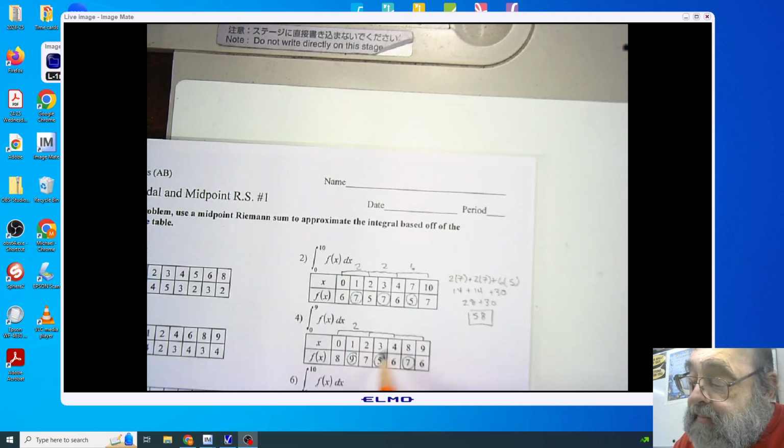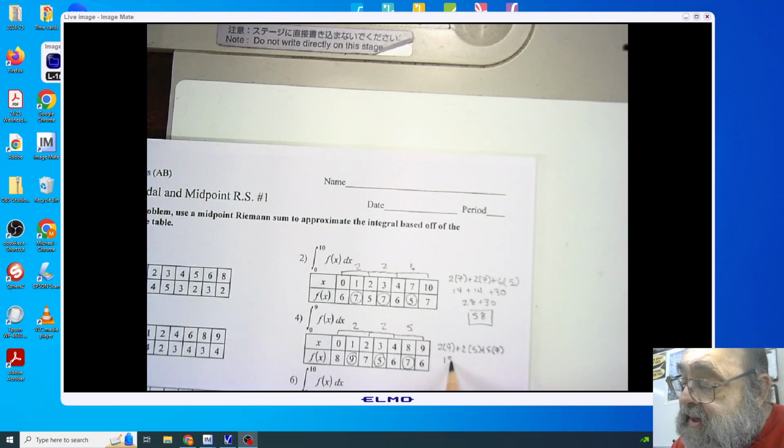So we have 2 times 9, 2 times 5, and notice we'll have 5 times 7. So 2 times 9 plus 2 times 5 plus 5 times 7, plus 5 times 7 is giving me 18 plus 10 plus 35, is going to be 10 plus, and we're looking at 53 for a total of 63.